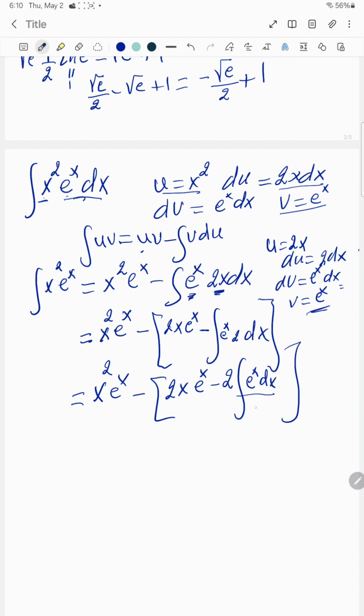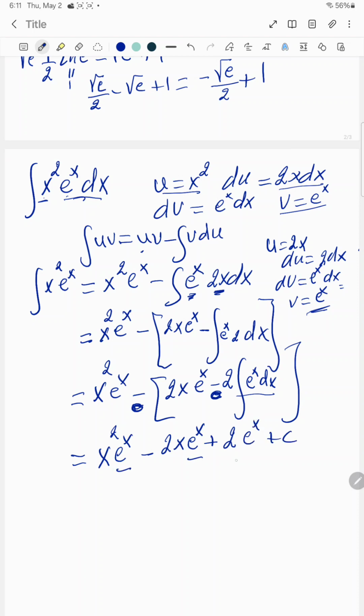But I know the integral of e^x dx, because the derivative of e^x is e^x, will be e^x plus c. So this is equal to x^2 e^x minus 2x e^x, minus times minus is equal to plus 2, and the integral of e^x is e to the power x plus c.